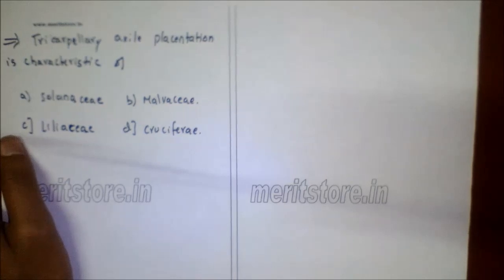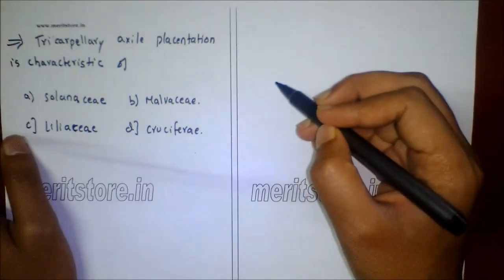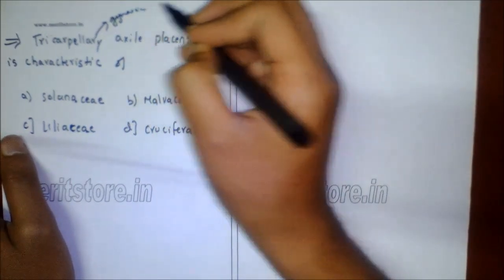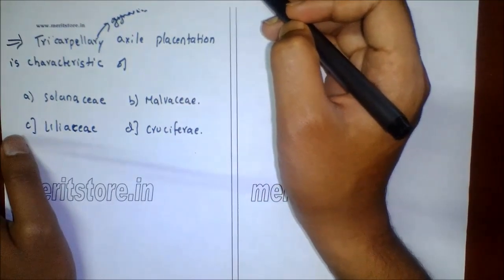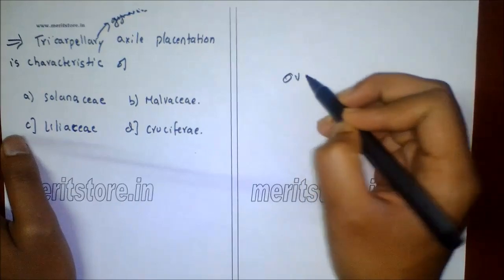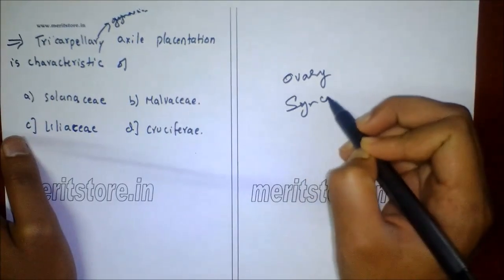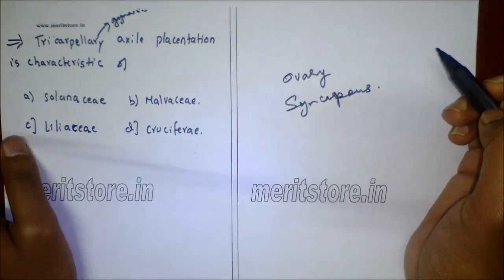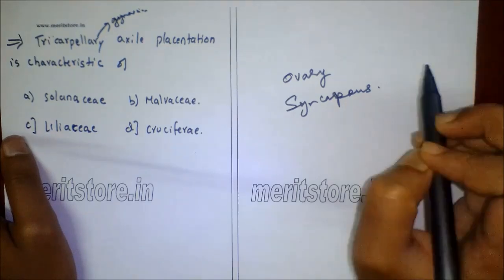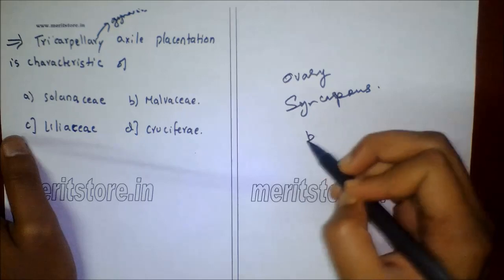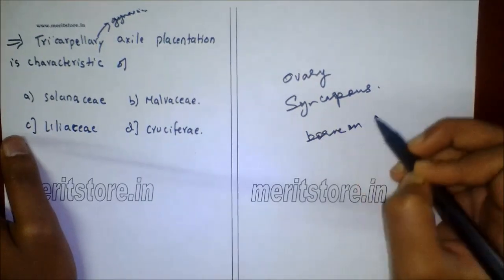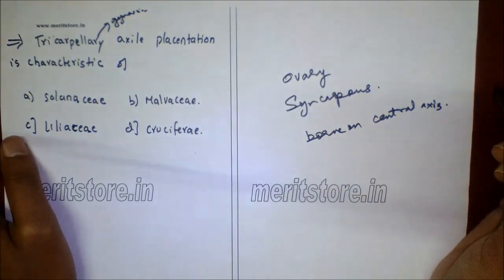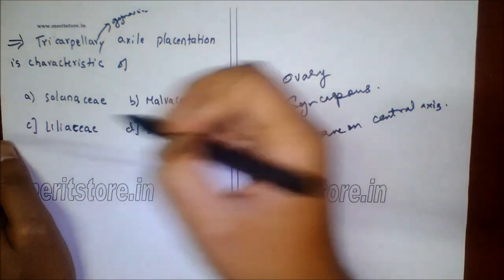So members of Liliaceae have a tricarpellary gynoecium consisting of 3 carpels, axile placentation, ovary is syncarpous, multicarpellary multilocular, the placenta bearing ovules borne on the central axis where margins of all carpels fuse. So it belongs to Liliaceae, option C.